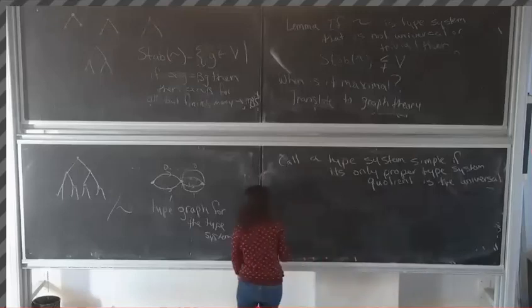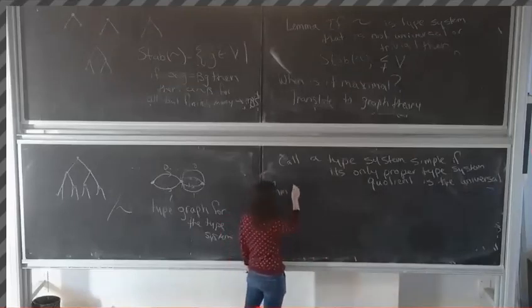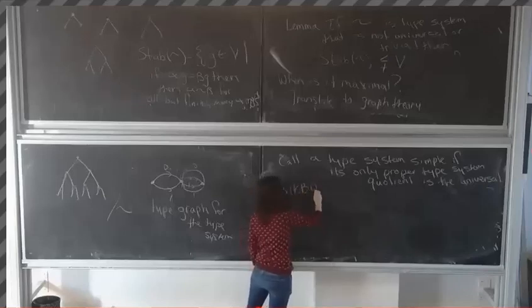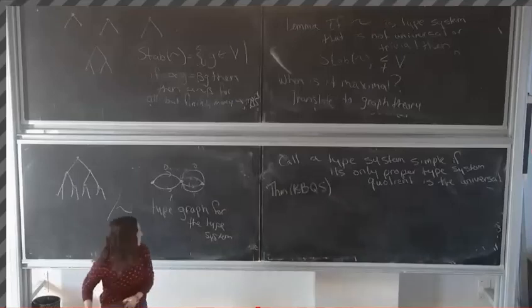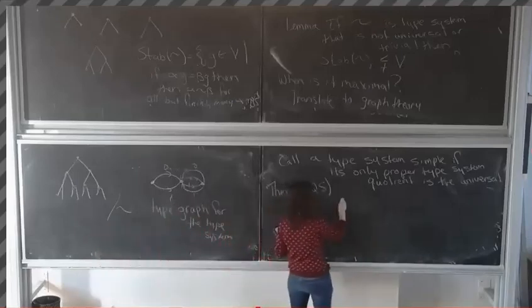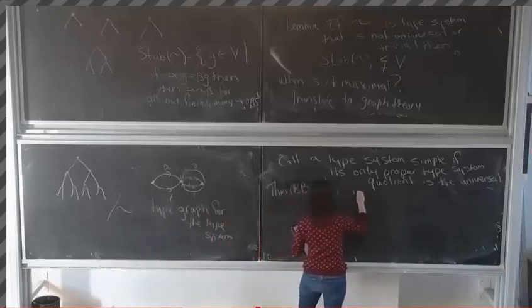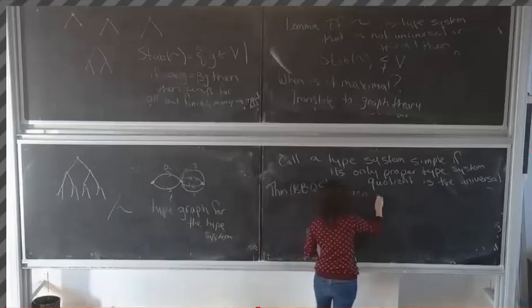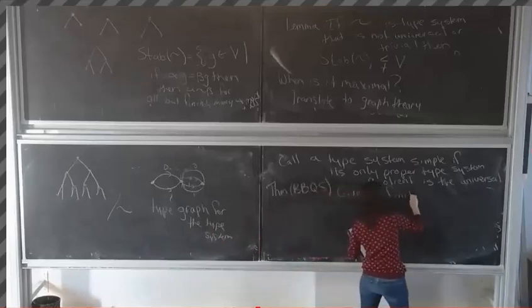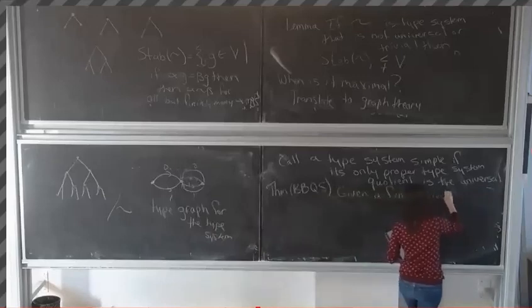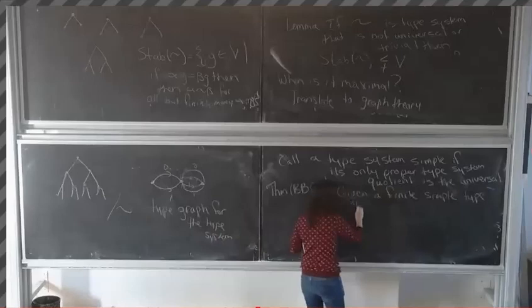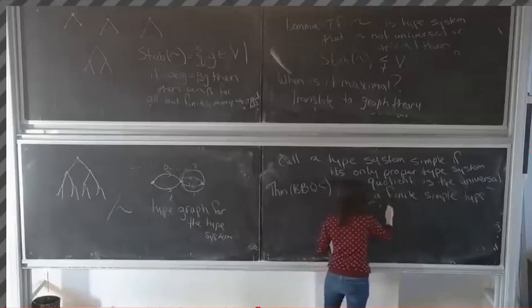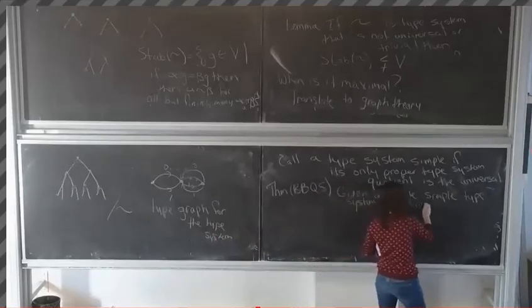And so our theorem was that if you have a finite simple type system, the type graph is one of the following.